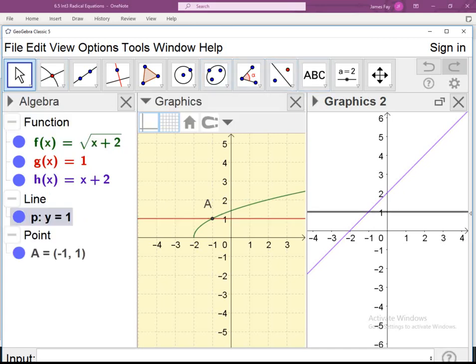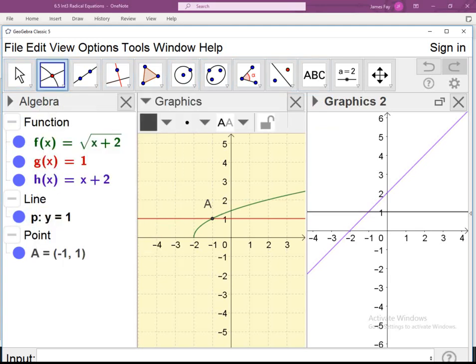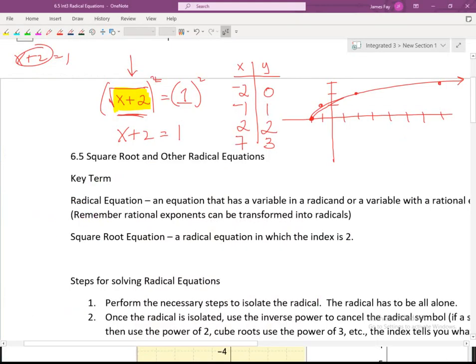Now, looking at this white graph over here, where these two intersect is point B. And the x value would be -1. Does that make sense? So what I'm trying to get at here, as you go through your order of operations and inverse operations to solve equations, the next step would be to subtract 2, right? You get x equals -1, right?